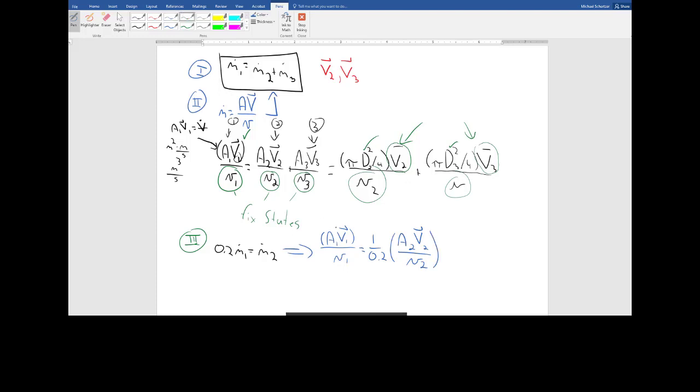I like this equation a little bit better because here I know that volumetric flow rate.